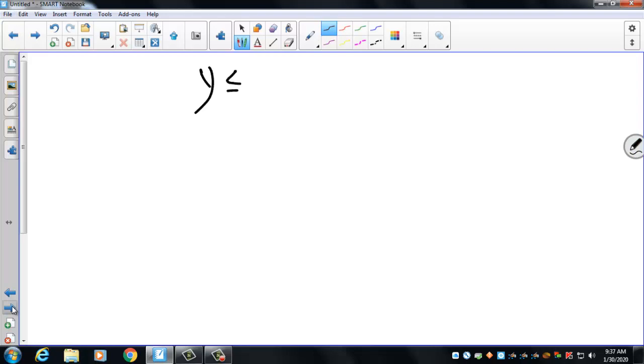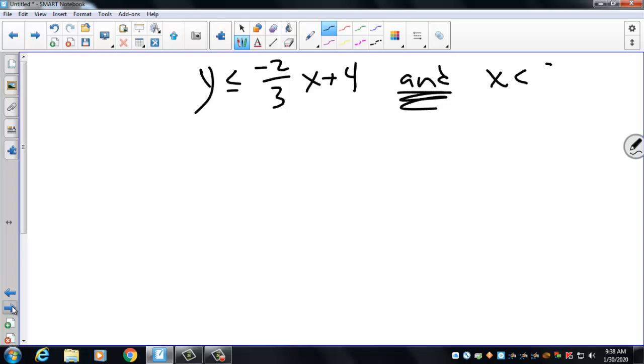Y less than or equal to negative 2/3 x plus 4 and x is less than 5. On the same axis.